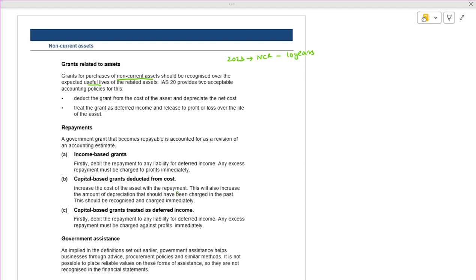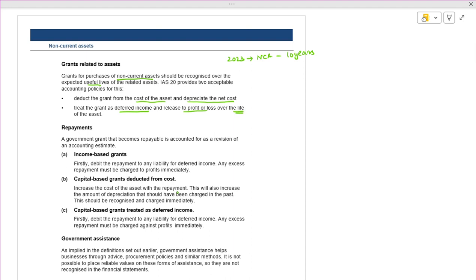IAS provides two acceptable policies: deduct the grant from the cost of the asset and depreciate the net cost, or treat the grant as a deferred income and release it to the profit and loss account over the life of the asset.